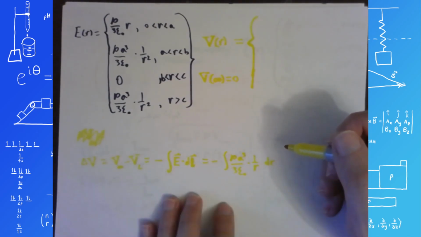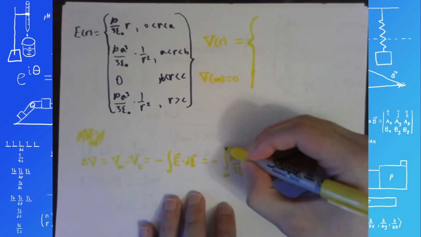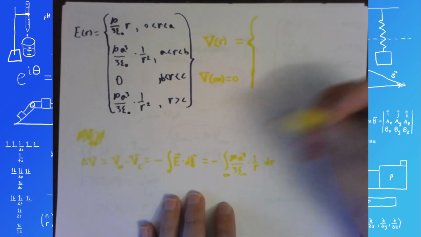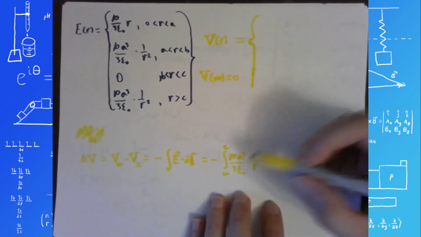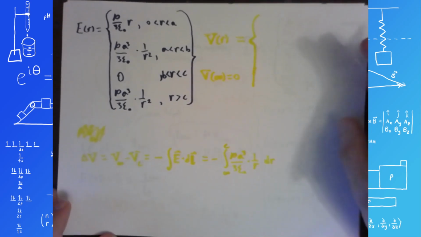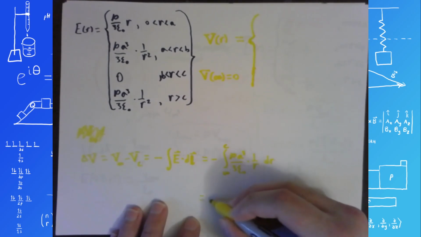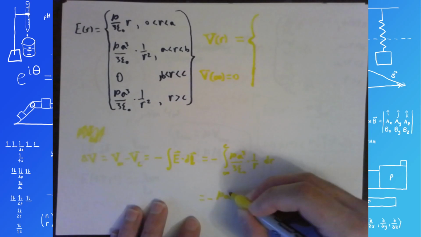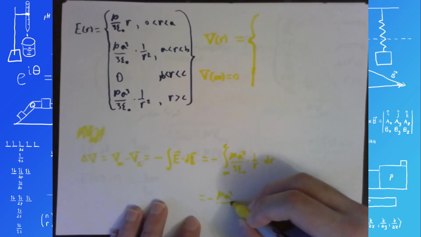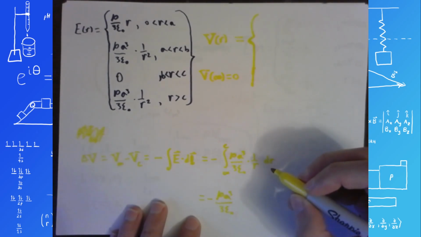And then we are integrating from infinity all the way to c. All of these are constants, so we can pull them out, and that gives me negative rho a cubed over 3 epsilon naught, and then I'm missing something.